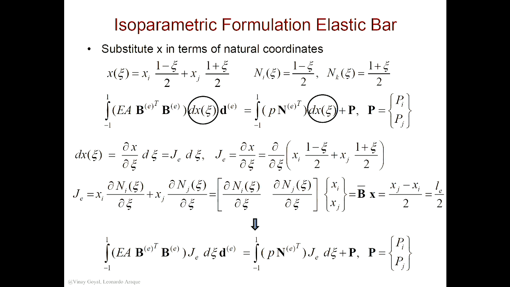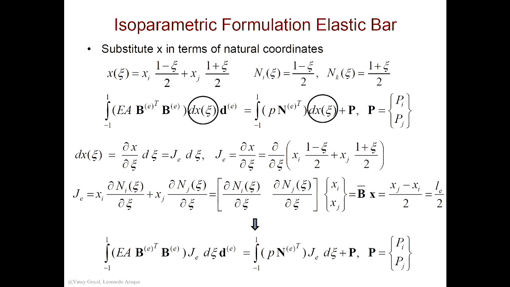All we've done is take this derivative, and that's what goes in here, this j. That allows me to make this dx into j dc. So all I'm doing is calculating this relationship so I can substitute it into my integral. Any questions on that?